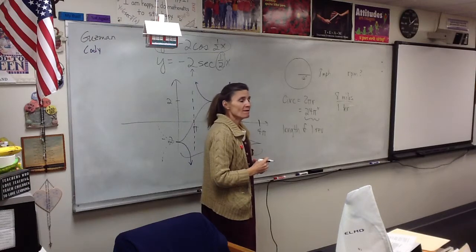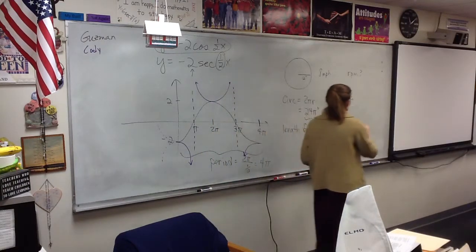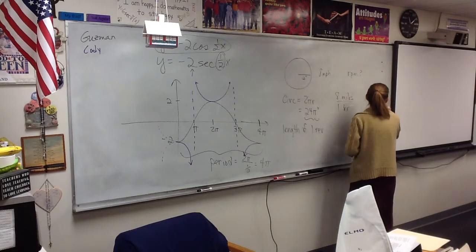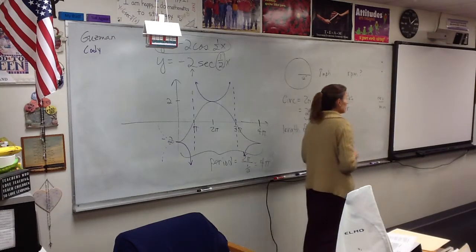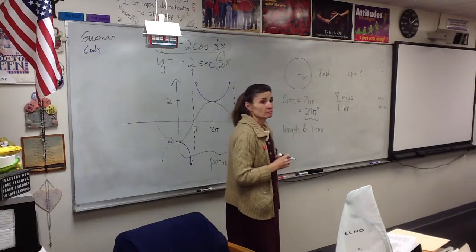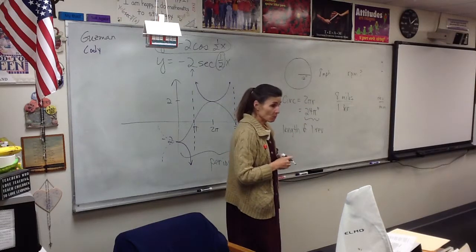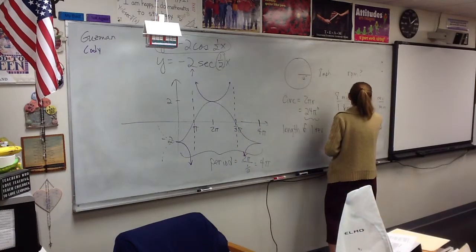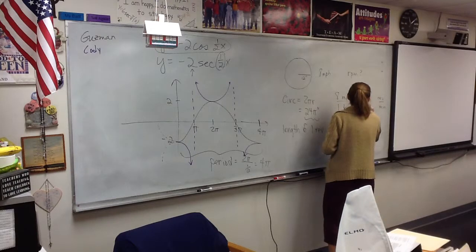What do I want to eventually end up with? RPM. I want to end up with revolutions per minute, right? So I need to get rid of the hours. So what do I know about hours? 1 hour is 60 minutes.